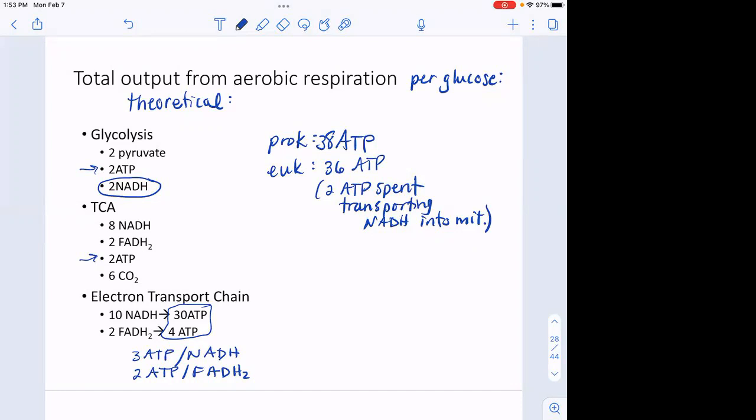So they don't get this kind of yield from the electron transport chain because some of those protons go towards something else. Sometimes they will use that proton motive force just to transport things in or out of the cell. So again, that's a theoretical best case scenario.